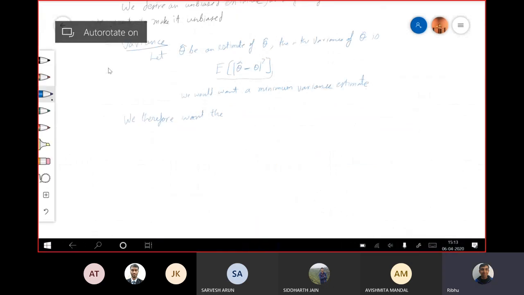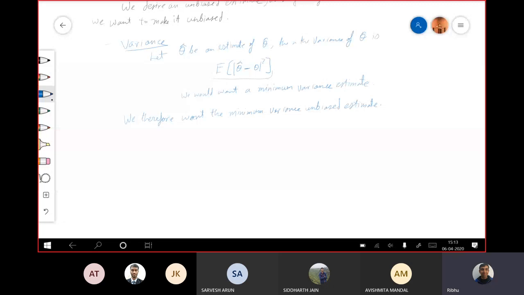The minimum variance unbiased estimate. Now we ask the question, isn't the unbiased estimate the minimum variance one?